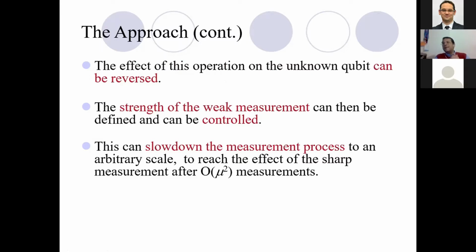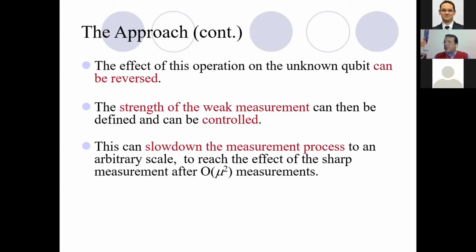Also, the strength of this weak measurement can be controlled, as if you adjust the volume of your speaker. You can increase the strength of the measurement to be similar to the sharp measurement, or decrease it to an arbitrary level as you wish.